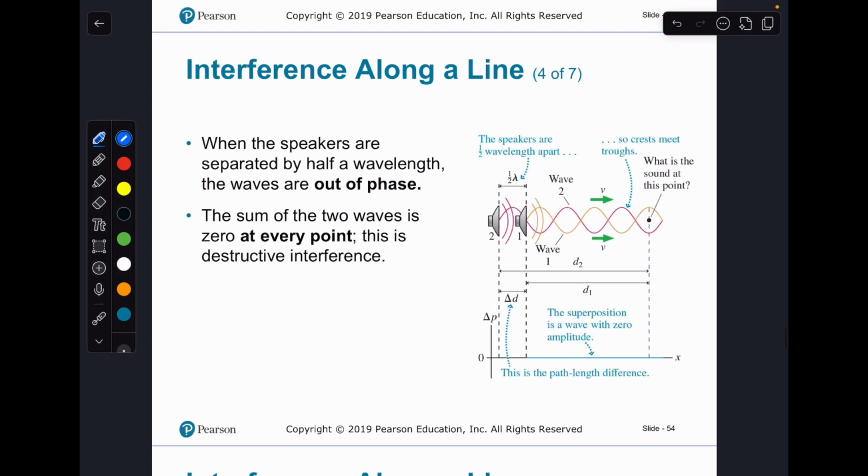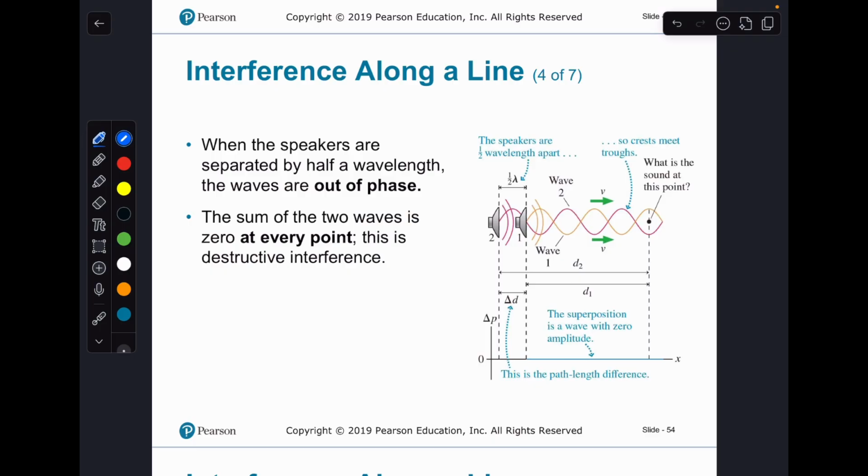Now, what happens if we, let's say, change the distance between those two speakers to half a wavelength? Well, if you draw your waves like we did before, what you'll see is that the waves are going to add up to 0 because the peak of one wave will be aligned with the trough of the other wave, right? So they're all going to add up to 0. And so these are out of phase.